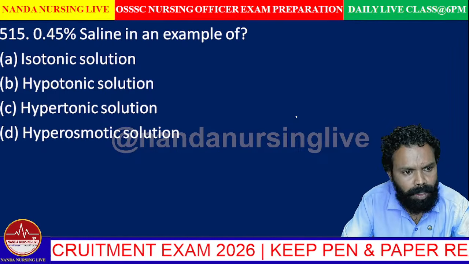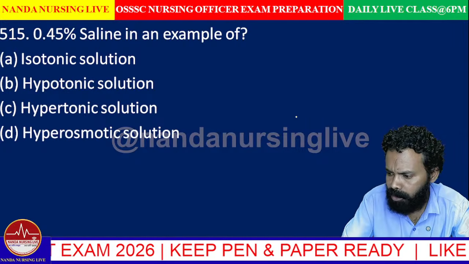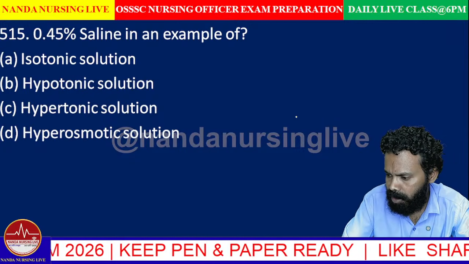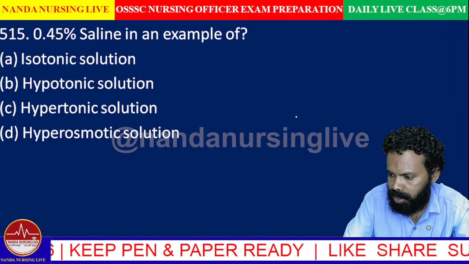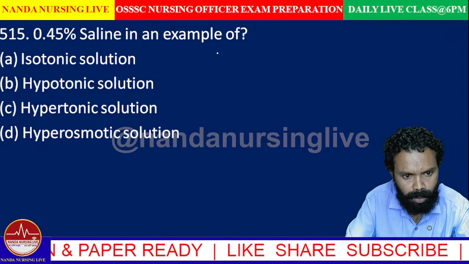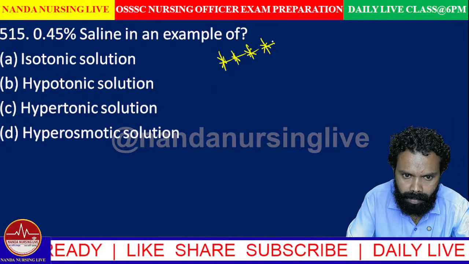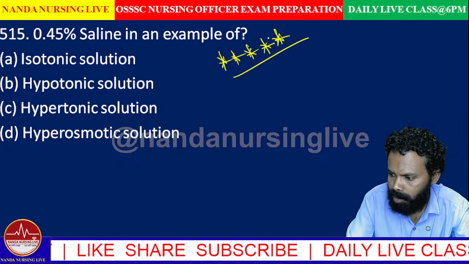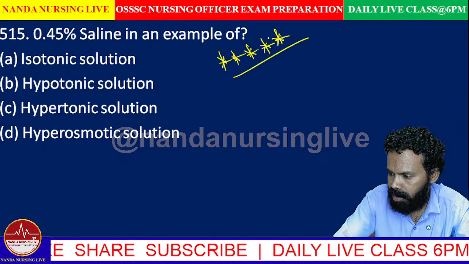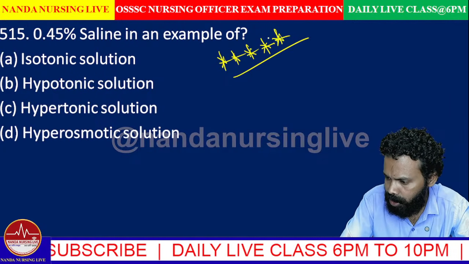Next question, question number 515. 0.45% saline is an example of isotonic solution, hypertonic solution, hypotonic solution, or hyperosmotic solution? Answer quickly. 0.45% saline solution is considered which solution?